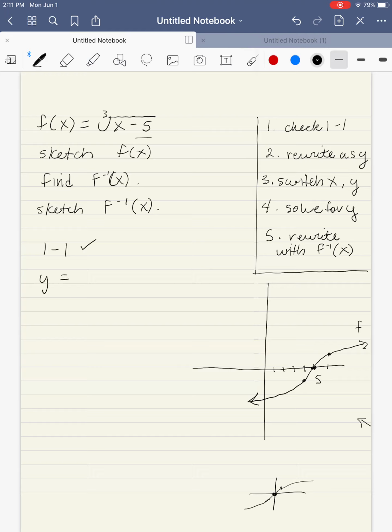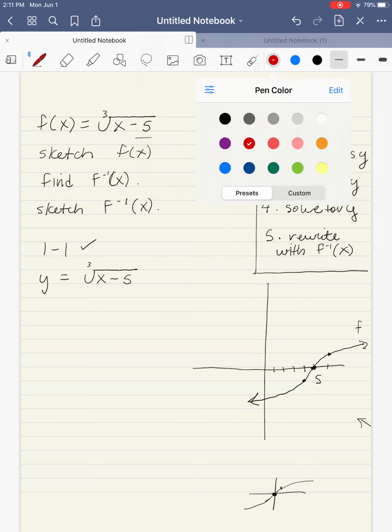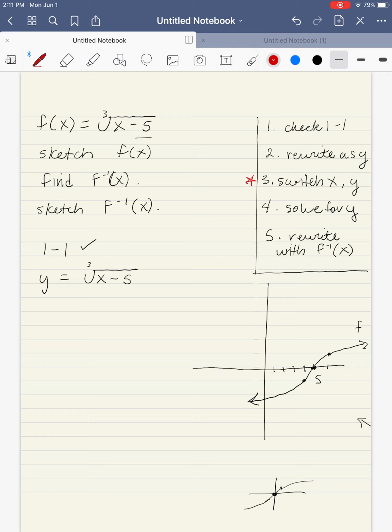Then I'm going to rewrite the function, replacing the f of x with a y. Then I'm going to do the big thing here, the most important thing here, is switching the x and the y. So I put an x in for the y and a y in for the x.